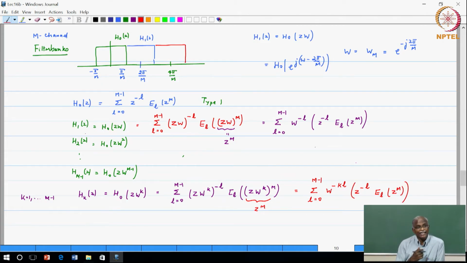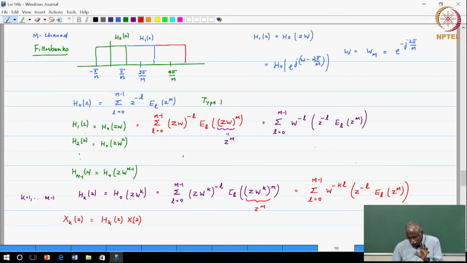If there is an input X of z, what will be the output? So, if the input is X of z and the output, let us say that I call the output of H_k of z as X_k of z. X_k of z is H_k of z times X of z. So, basically it would be this expression multiplied by X of z.